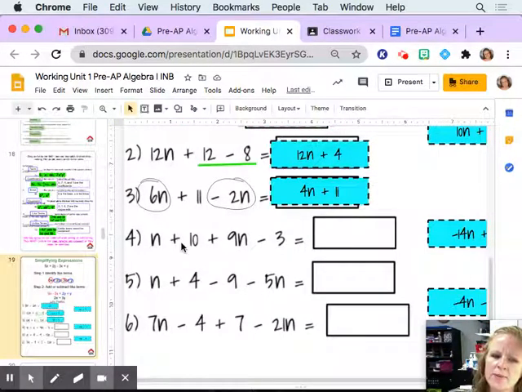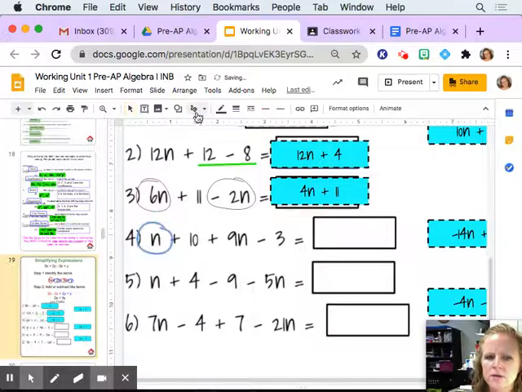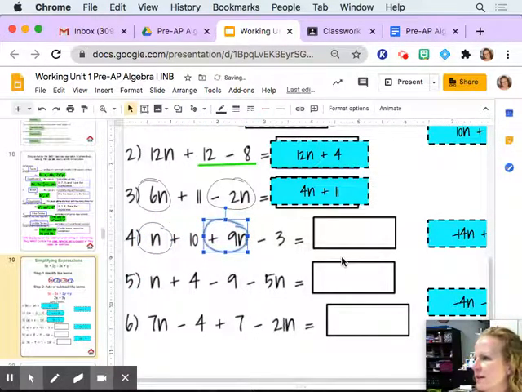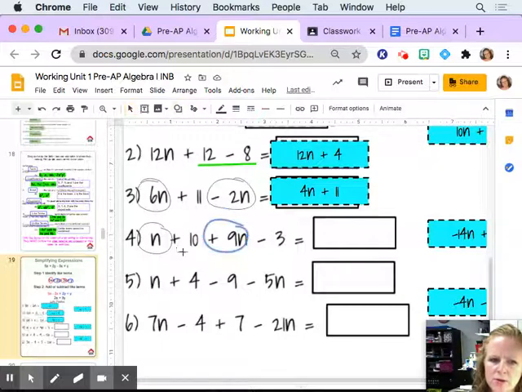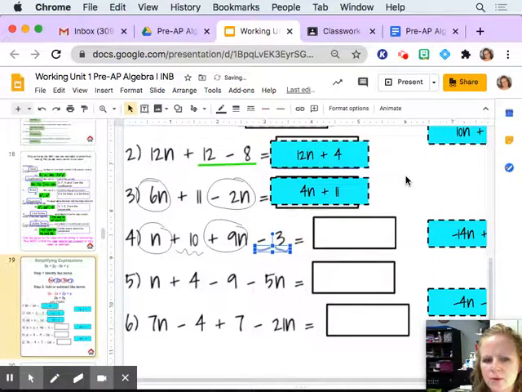Number 4, n plus 10 plus 9n minus 3. So I need to combine my n's first. Make sure you take the sign with it. So it'd be n plus 9n. And then I'm going to do another scribble underneath for the constants, the ones without the variable.